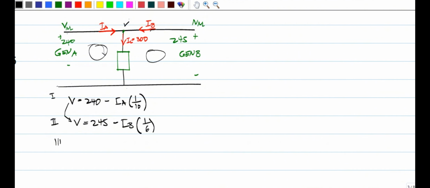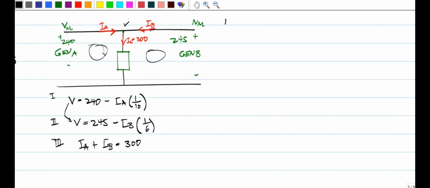Also, for the third equation, we have IA plus IB is equal to IL of 300. Now we have 3 equations and 3 unknowns.